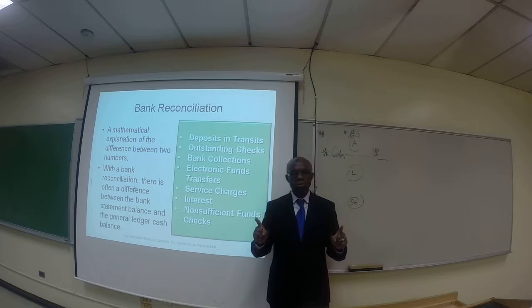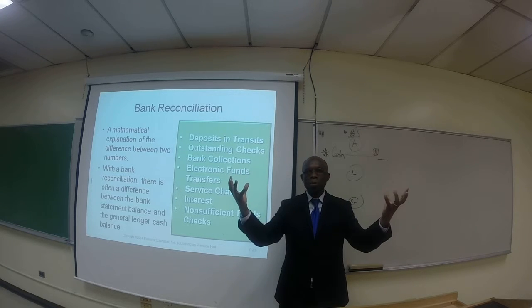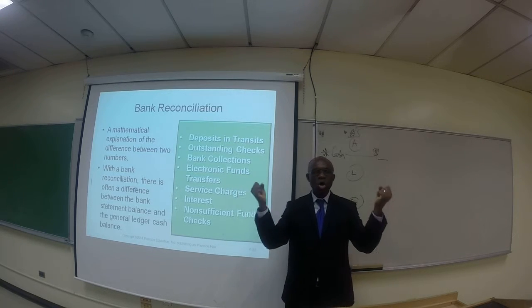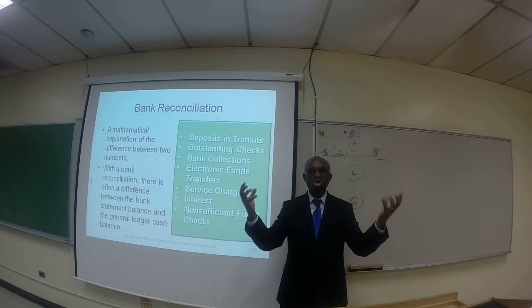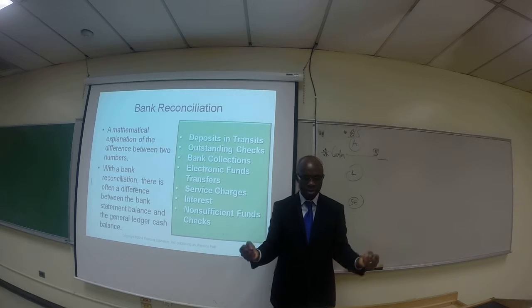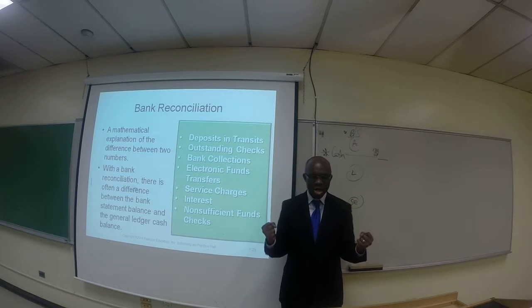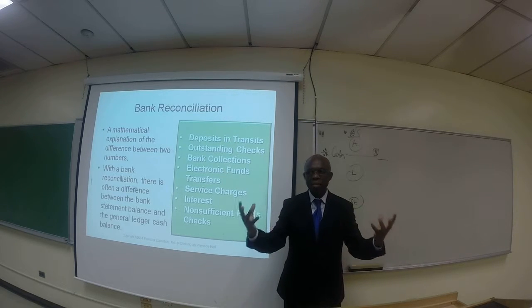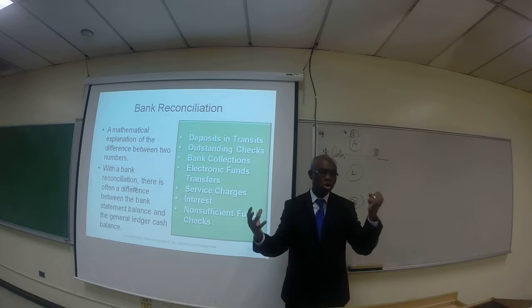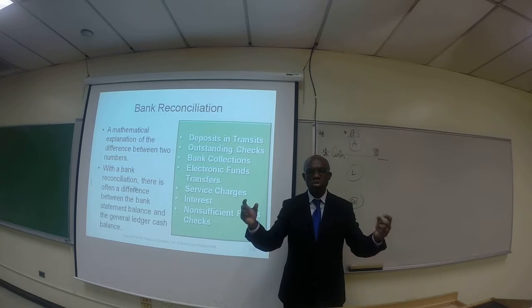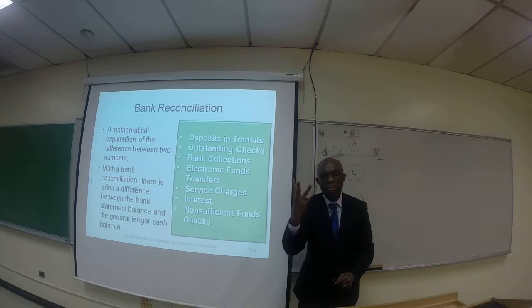Now, at the end of the month, guess what happened? The bottom line, or the ending balance, of the two records is supposed to be the same. However, 99% of the time they are not. The ending balance of your record and the bank's record are usually not the same for three primary reasons.